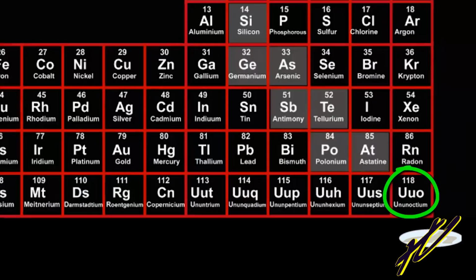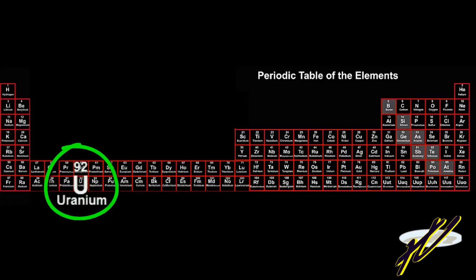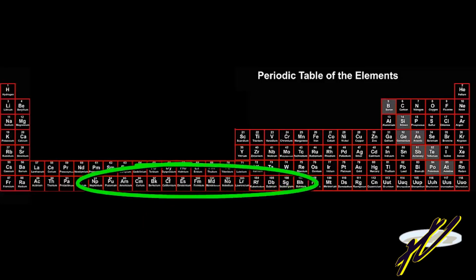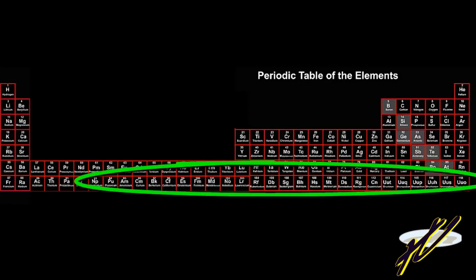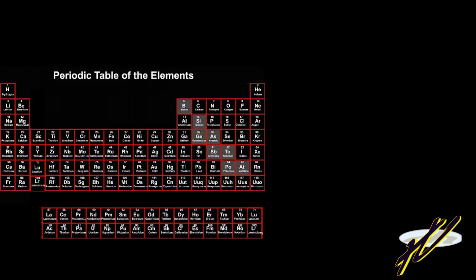Aren't there meant to be only 92 elements, with uranium being the last one? Yes, but clever scientists have made artificial elements in the lab, like neptunium and plutonium, the elements next door, that were made in 1940. These new elements make the overall list of elements a bit longer. Let's collapse the periodic table back to its usual shape, which is more convenient for fitting onto the screen.